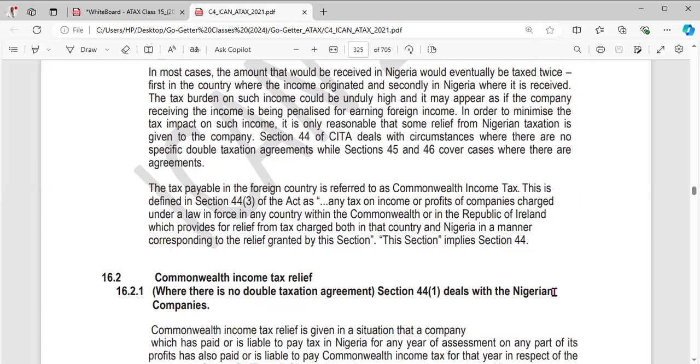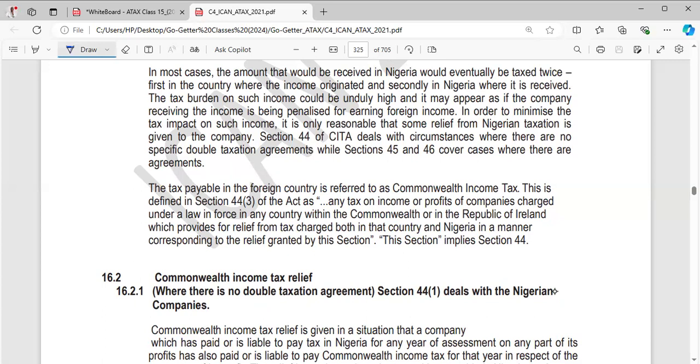All right. The tax payable in the foreign country is called the Commonwealth income tax. So it means that a Nigerian company that is domiciled in the United States, if it pays United States tax, it is called Commonwealth tax.